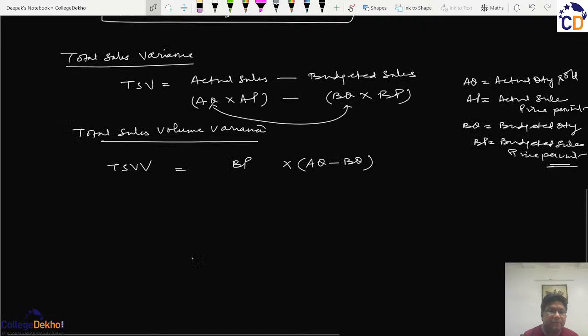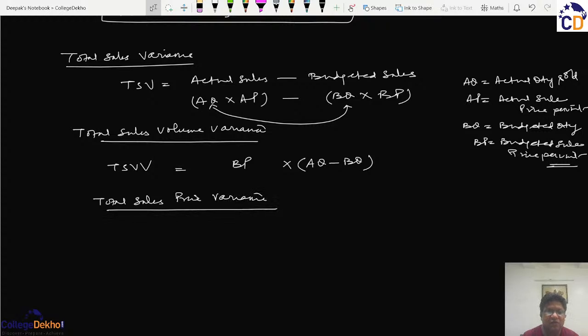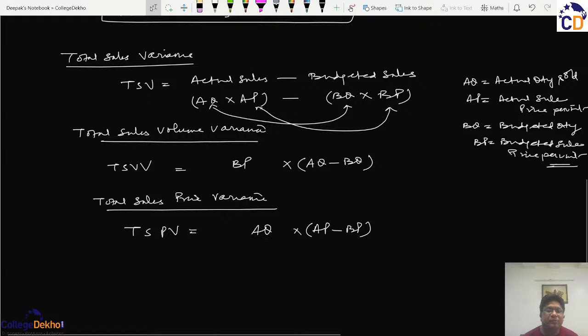So here, this total sales price variance will show the impact of the difference in price for the actual quantity. So the total sales price variance will be equal to the difference in the price, that is the actual price minus budgeted price, multiplied by the actual quantity sold.